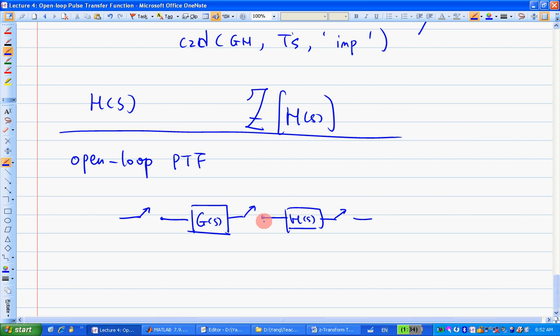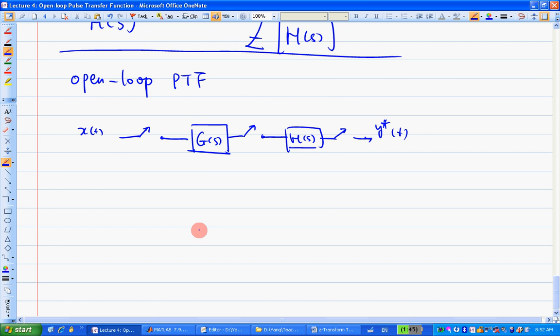If we wanted to obtain the pulse transfer function of this system, in order to compare the difference between this system and that system, my whole point is there's a difference. Actually not slight, it's totally different. For this system, if you combine them together, that's exactly what happened in the previous example.